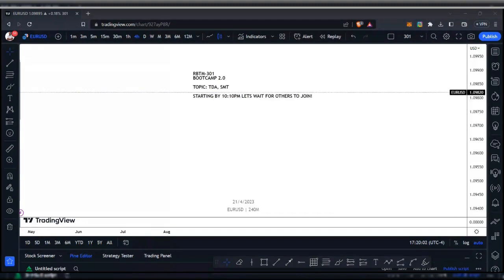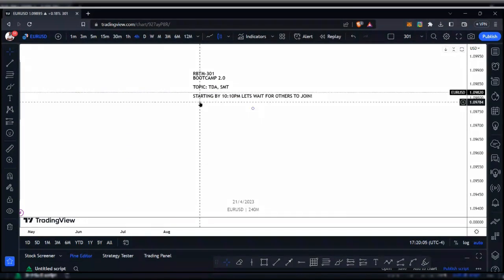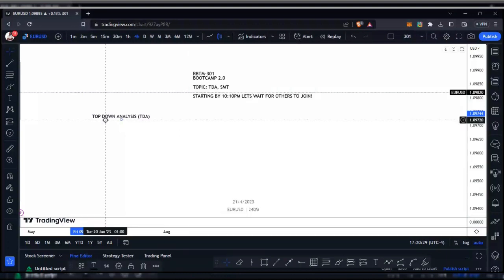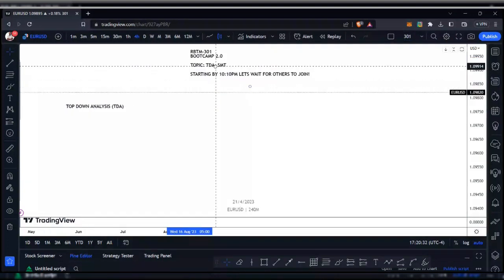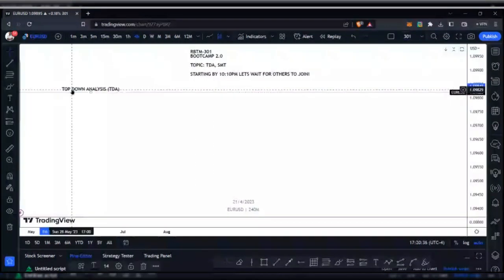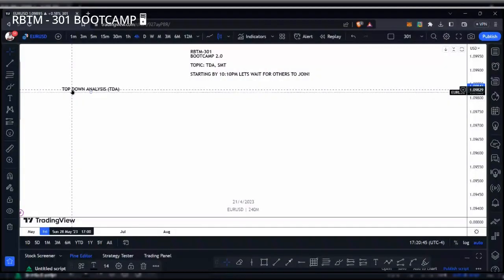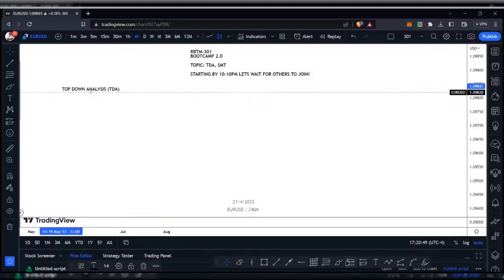So top-down analysis. Let's start with top-down analysis. When we talk about top-down analysis, I basically also talk about order flow, right?